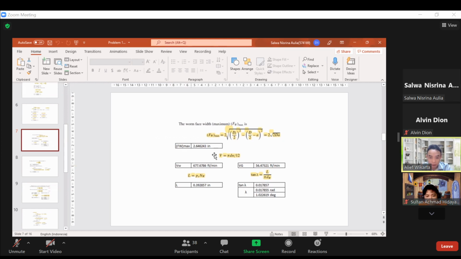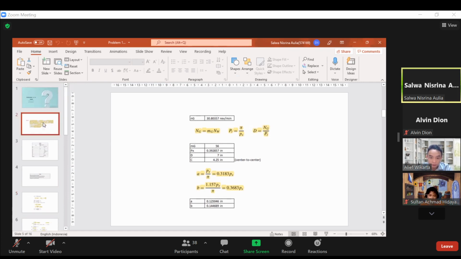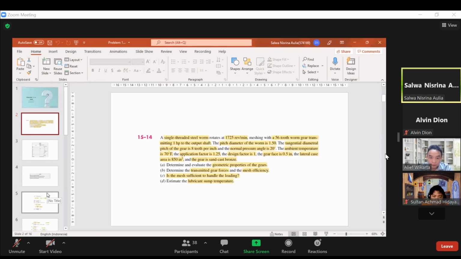From the problems, the calculation, the ratio is the number of teeth in the worm over the number of teeth in the gear.